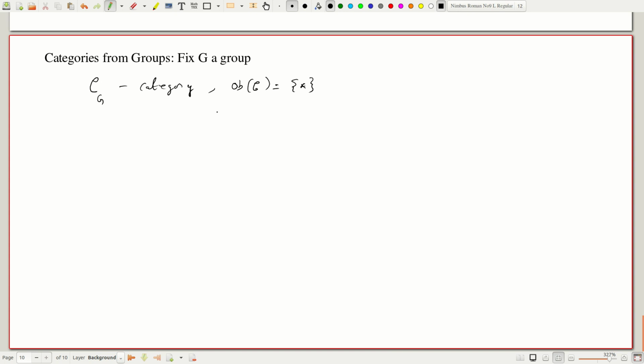Okay, and then morphisms. Now we only have to say what are the morphisms from star to star. They're G. This is the abstract definition of a category. You notice that you have morphisms and of course composition. Composition is group multiplication.